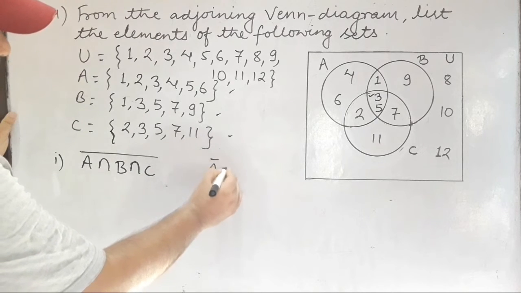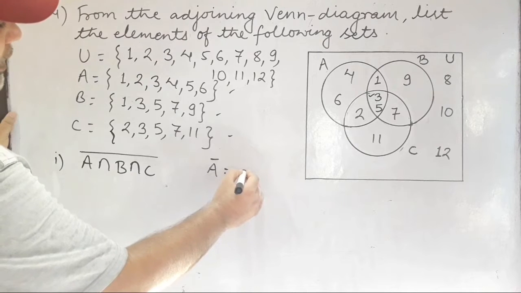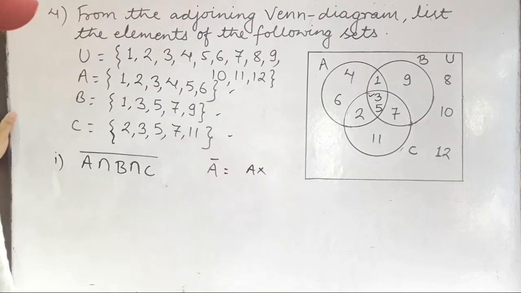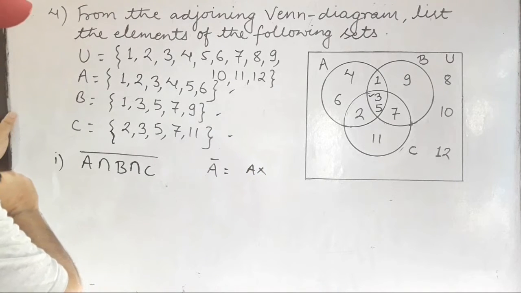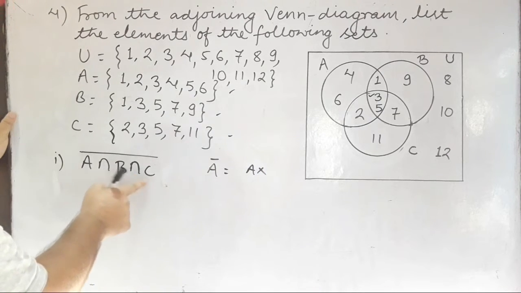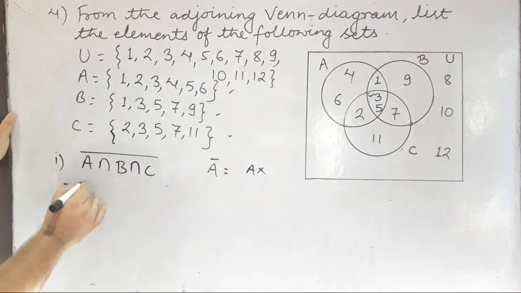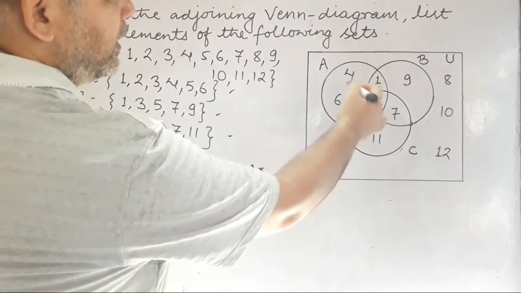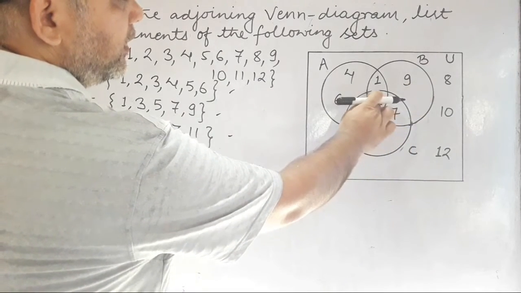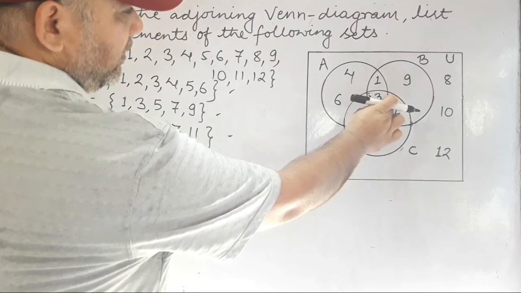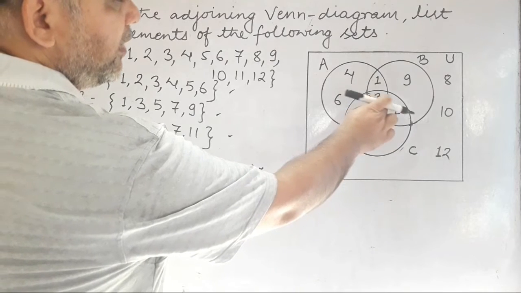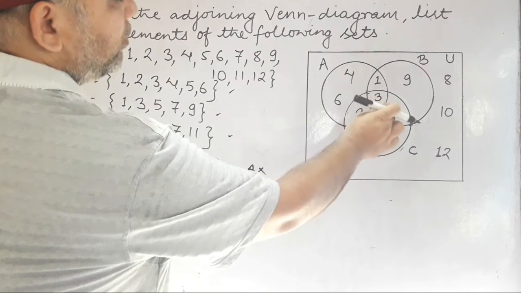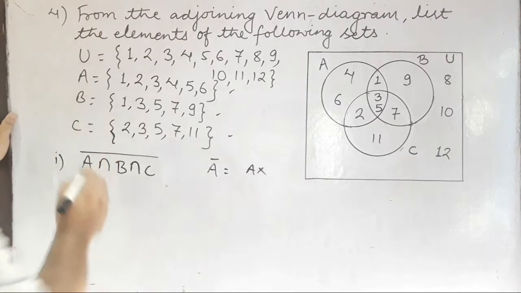If I say A complement, it means I should not write the elements of set A, that means except set A. So A intersection B intersection C complement denotes the elements which do not lie in A intersection B intersection C. Here we can see that in A intersection B intersection C, the elements 3 and 5 lie. That means we have to write down the elements except 3 and 5. Now we are not allowed to write the elements 3 and 5.